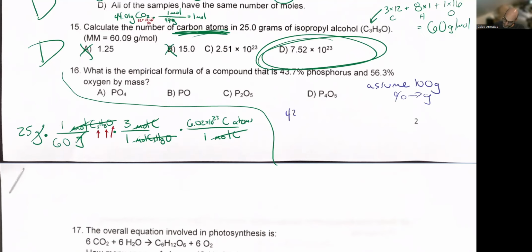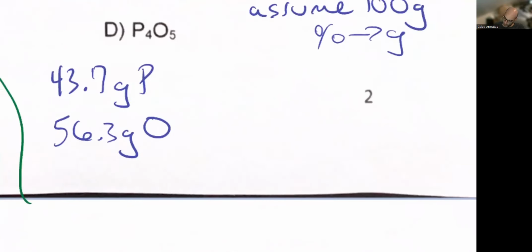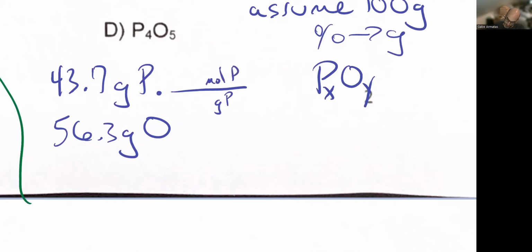So I have 43.7 grams of phosphorus and 56.3 grams of oxygen. But when we're looking at an empirical formula, PxOy, those x and y values are moles. So the first step I have to take is I want grams of phosphorus to go away and I want moles of phosphorus to remain.